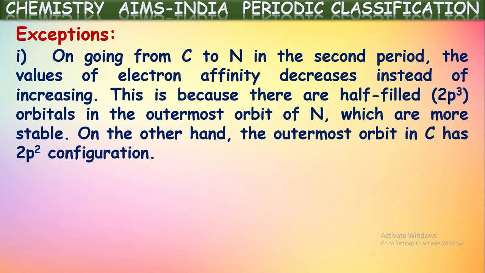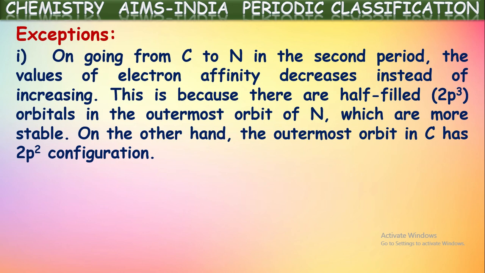On going from carbon to nitrogen in the second period, the value of electron affinity decreases instead of increasing. We said that in a period from left to right, electron affinity increases. But in the second period, from carbon to nitrogen, instead of increasing, it decreases. This is because there is a half-filled electronic configuration in the outermost orbit of nitrogen.